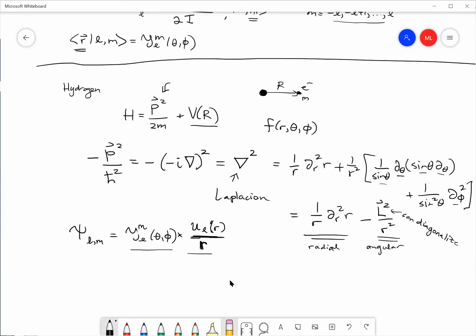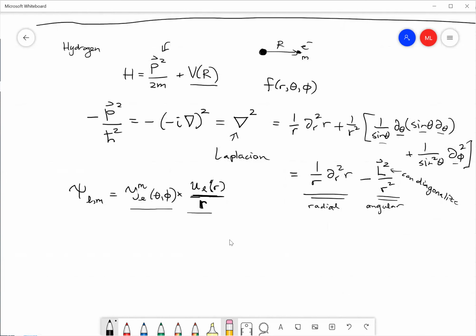Okay, so now what we do is we just take H and we act with it on psi LM. So what do we get? From this piece, we get minus 1 over 2m.